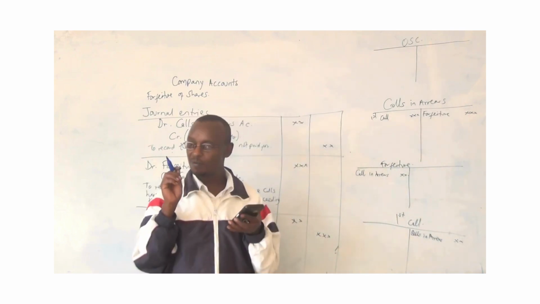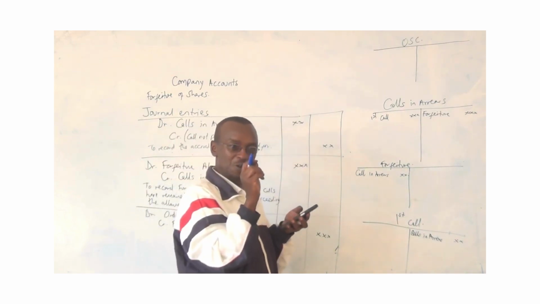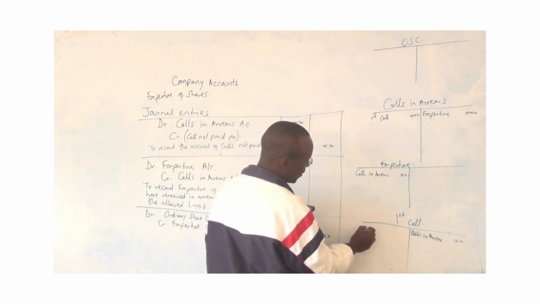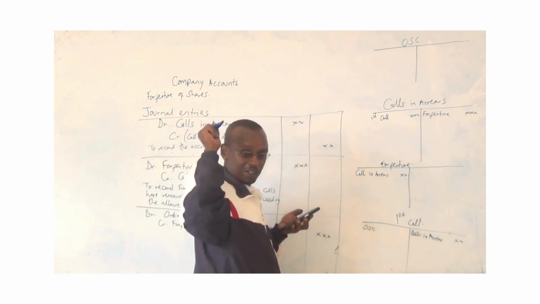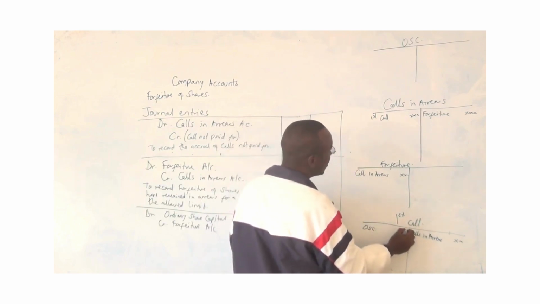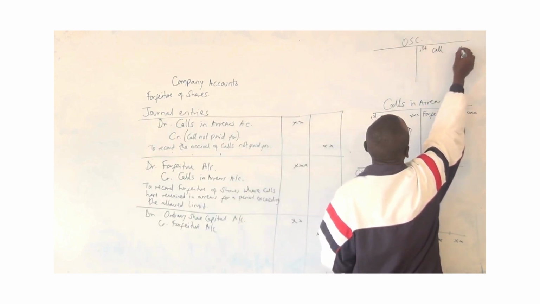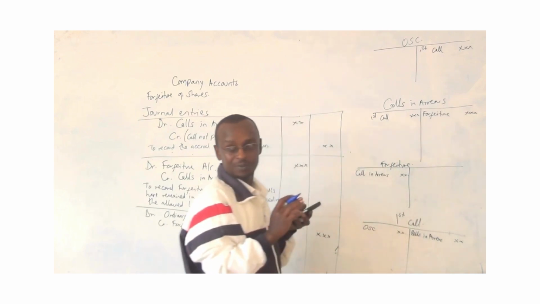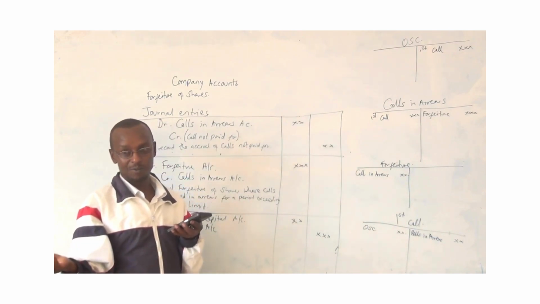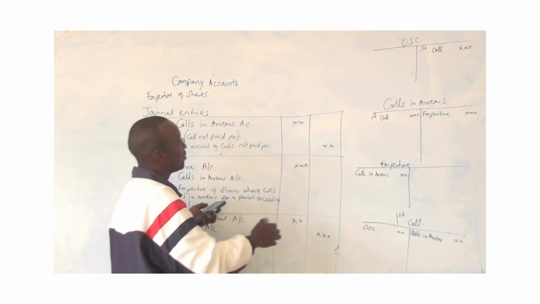Okay? Remember, when the first call became due, we had entered it, you remember, in the previous illustration. So to transfer the amount here. See, it was already there. Now we want to remove it. Isn't it? Because it has been forfeited. That is why we are debiting the ordinary share capital account.